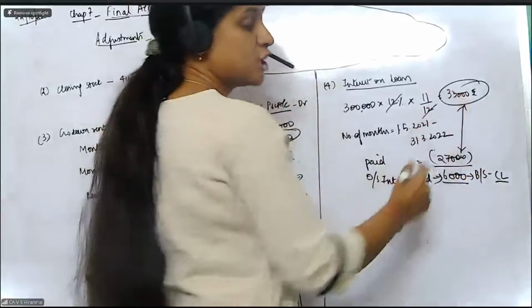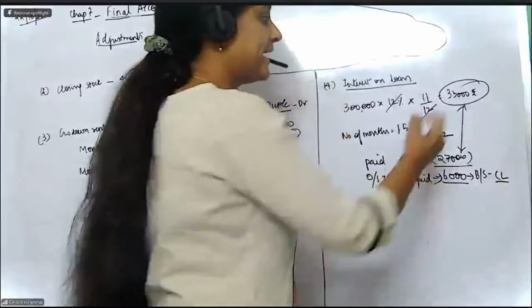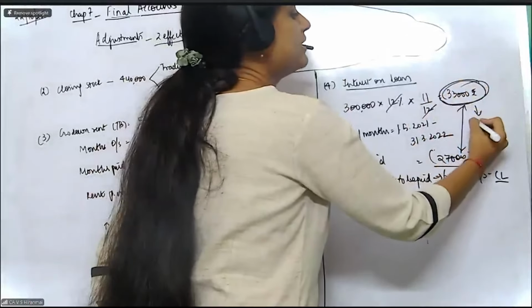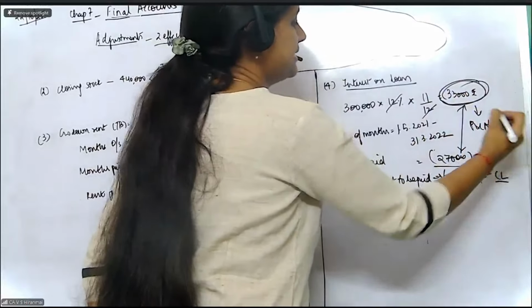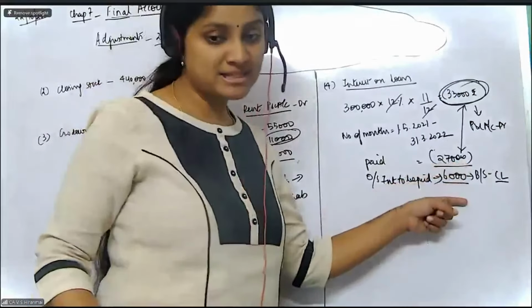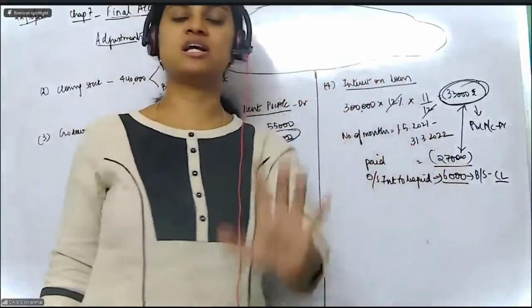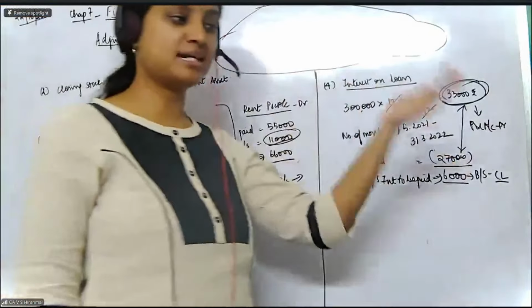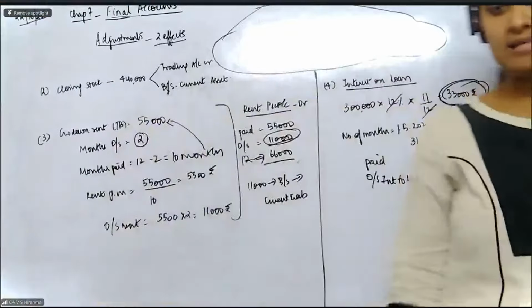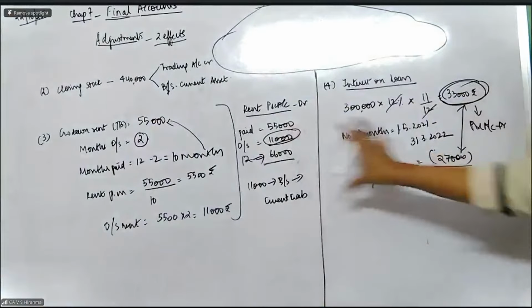Then total how much interest I have to pay? 33,000. That will go into my P&L account on the debit side, because paid plus outstanding, the total value only I should consider in the P&L account. Since interest on loan he is paying, that is an expense for you. Is this clear, everybody? So the same thing only.